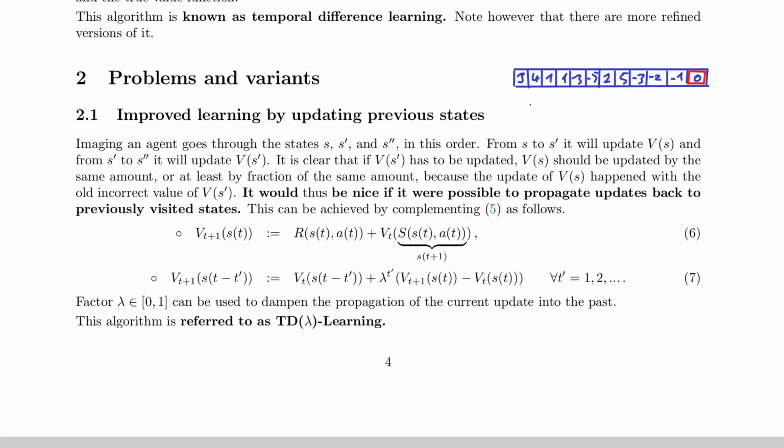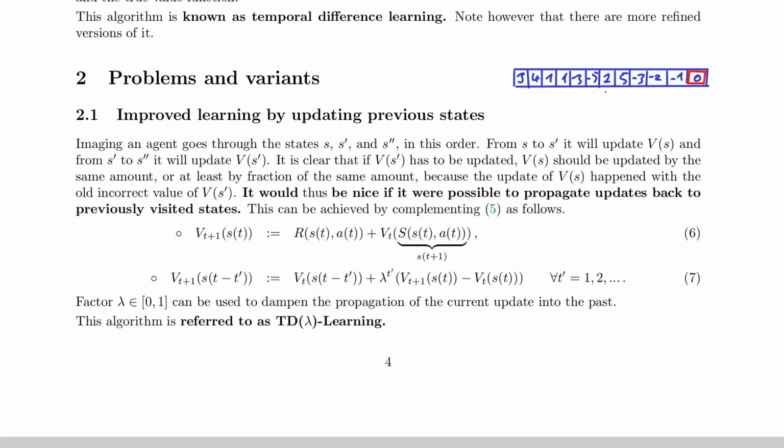Now, one can improve on this by not only updating the value of the state which I just leave, but also the previous states. So let's assume we put the agent in this box, and it moves straight to the right.